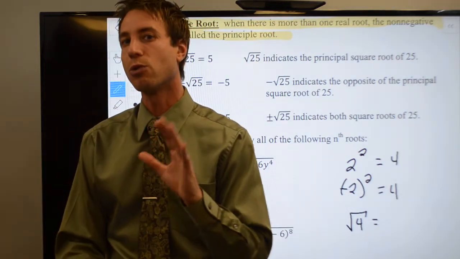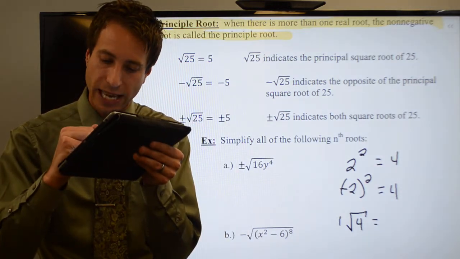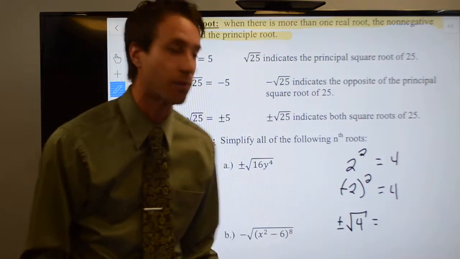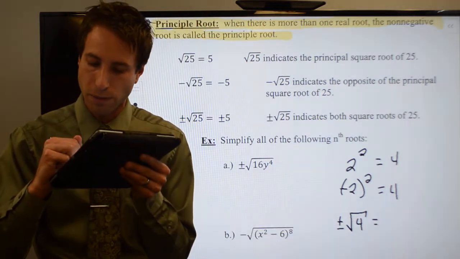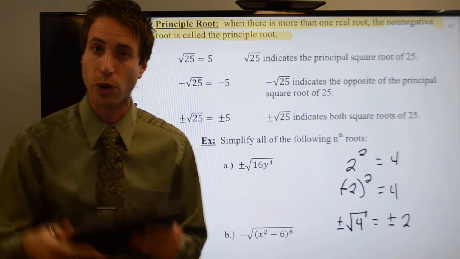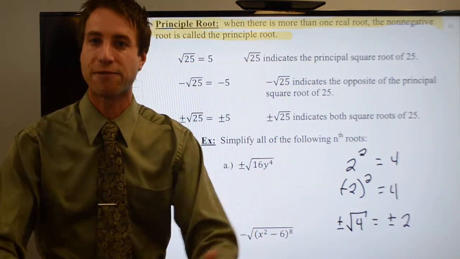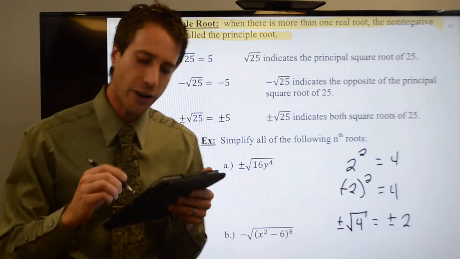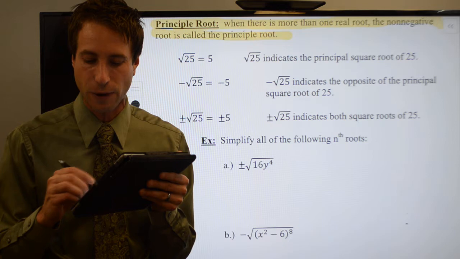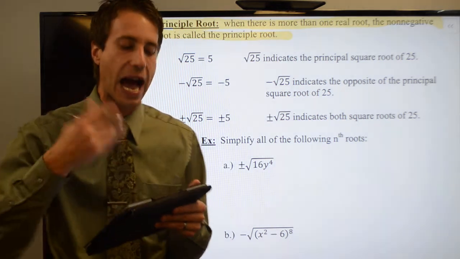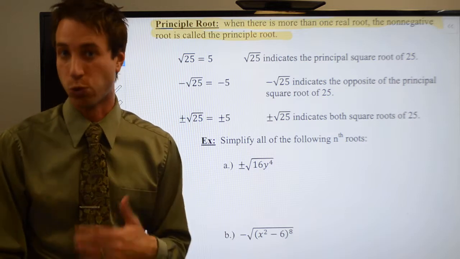Well, since you don't know which one I want, you've had to give me both. Whenever we would take a square root, we would just simply put a plus or minus out front, which means I'm doing plus or minus the square root of 4, which is, of course, plus or minus 2, right? Because you don't know which one is the one I'm looking for, so you have to give me both. Well, here in this section, it's actually going to be a little bit different. What I'm going to now do is tell you which one I want.